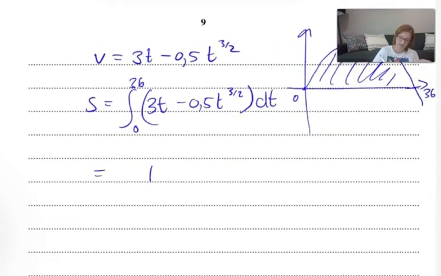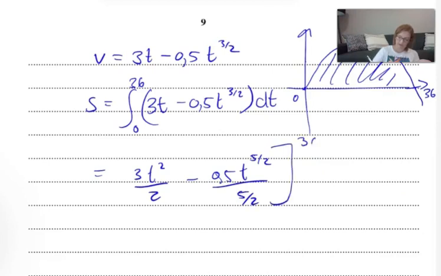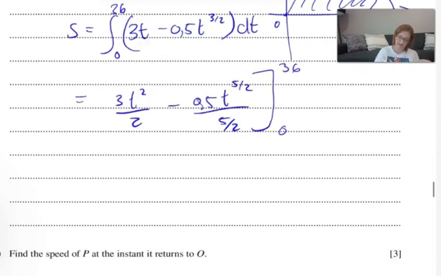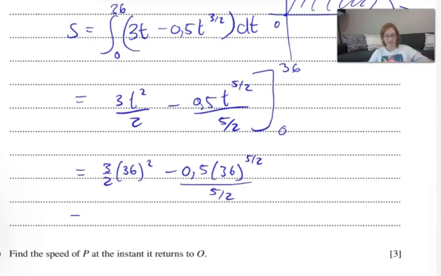I can integrate immediately. 0.5 t to the power of 5 over 2 divided by 5 over 2. Okay, and I'm plugging in 36 and 0. I can see if I plug in 0, it's going to fall away. So I'm just going to plug in the 36. But you must check that that is true. Okay, and this should give me my answer.